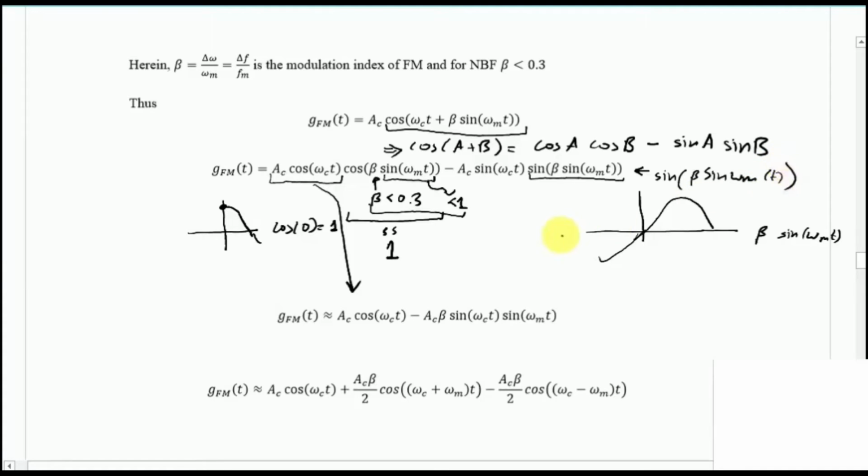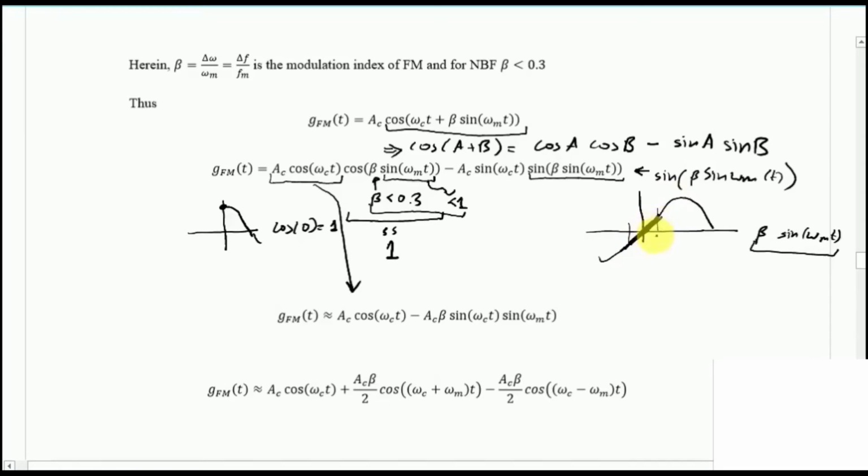So if the value of this whole argument is small, since β is small, for smaller values you would be near the origin. And if you are near the origin, there is a linear behavior around the origin. And then we have some increased slope as we move onward, and then it oscillates back. But in this region, it is almost linear.